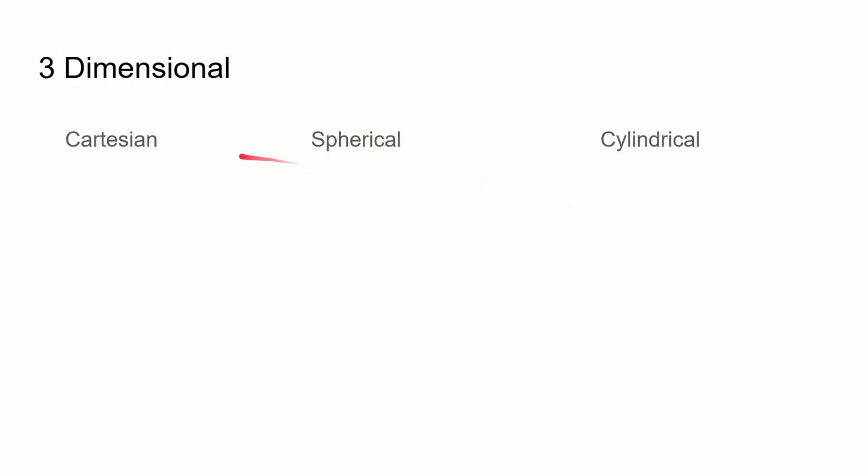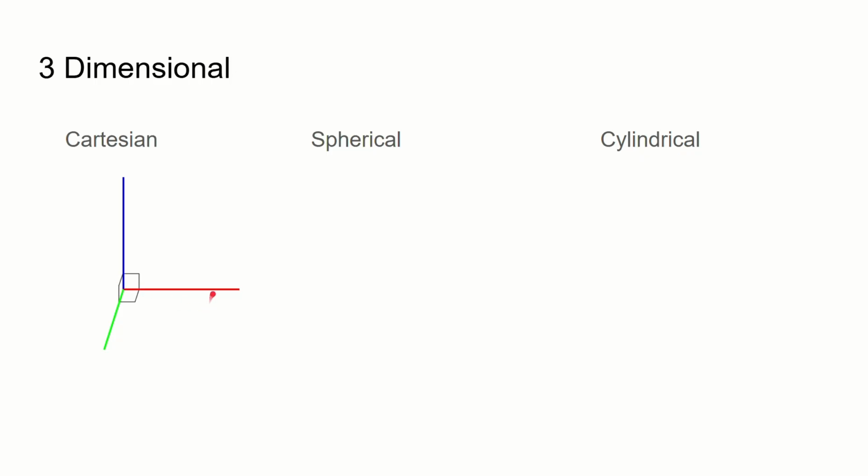So in 3 dimensions, there's 3 main ways to look at different geometries: Cartesian, spherical, and cylindrical. So Cartesian is just the same way we've seen, with 3 directions. They're all orthogonal, meaning they have a right angle, or they're perpendicular, whatever you want to call it.